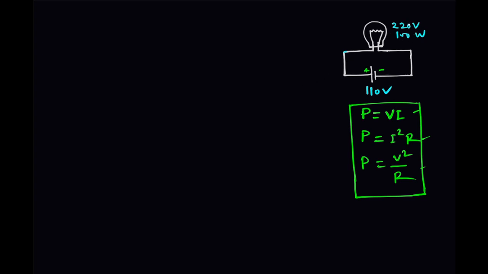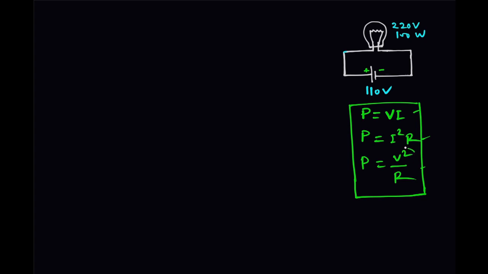Here the resistance is not given, because actually the company does not specify the resistance directly. You have to calculate the resistance. So in this case, what is the resistance? From this information we can find the resistance. If this is connected to 220 volt, then we get 100 watt power.